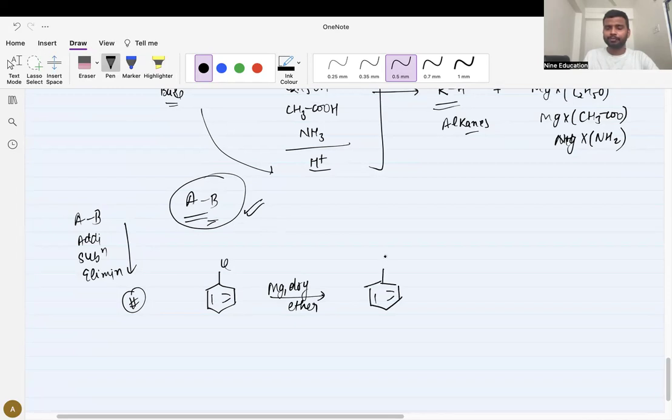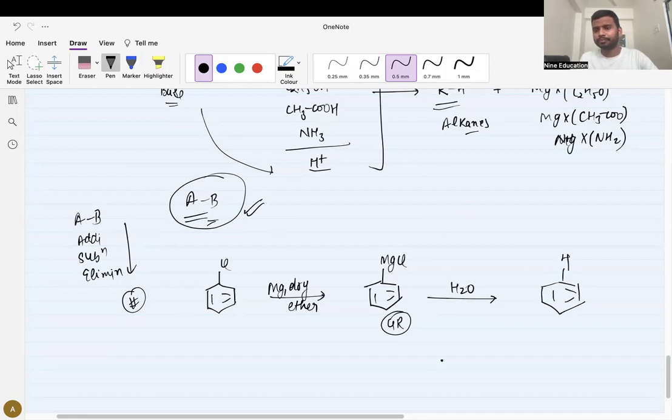You will get the Grignard of this, so MgCl will form. Then if in this Grignard reagent I put water, what will happen? All this MgCl will be gone. Hydrogen will come. So you will get benzene.